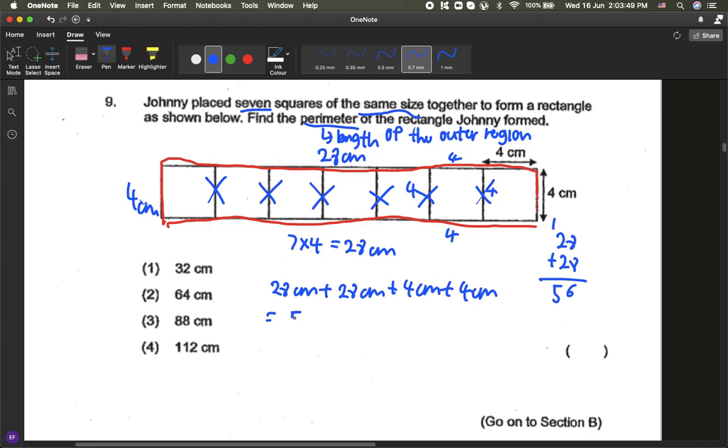So this is 56 cm. And 4 plus 4 is 8 cm. So 56 plus 8 cm. Let's check. 6 plus 8 is 14. So we put 4 here. Carry the 1. And 5 plus 1 is 6. So our answer is 64 cm. And that is option 2.